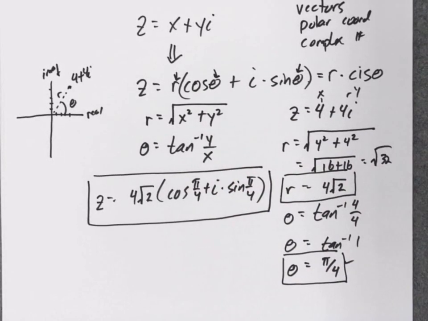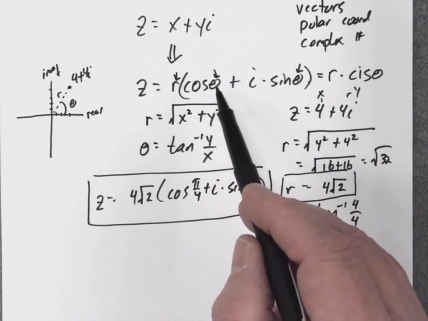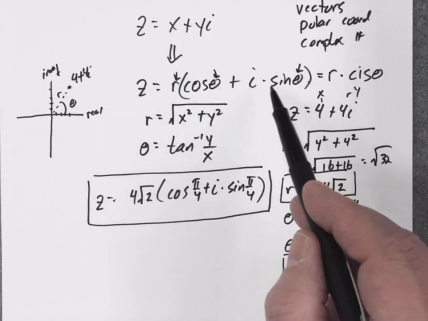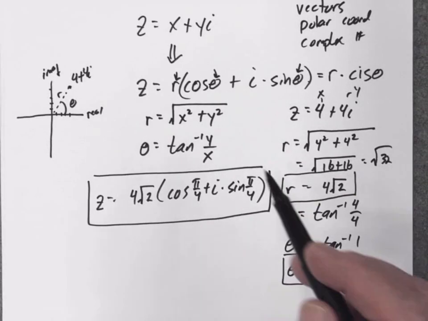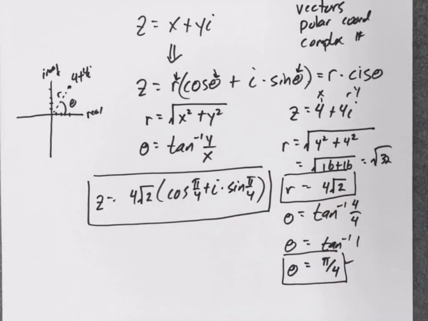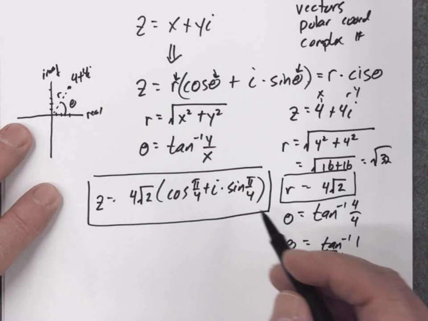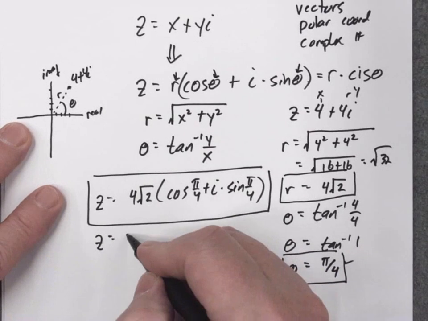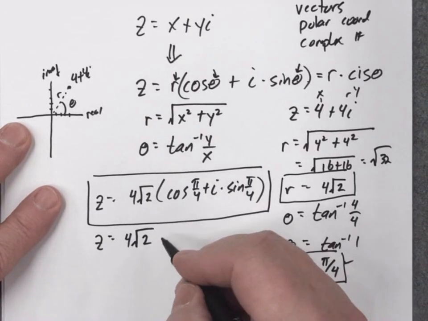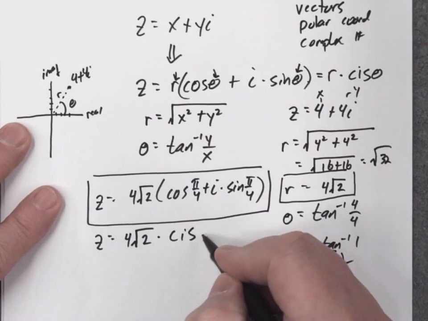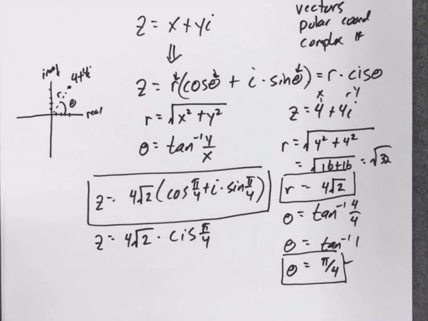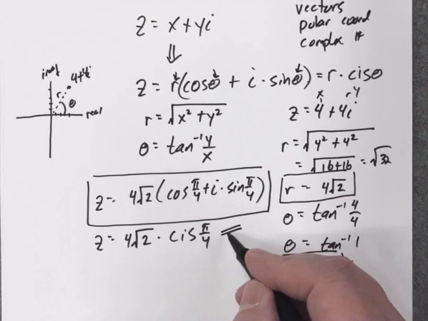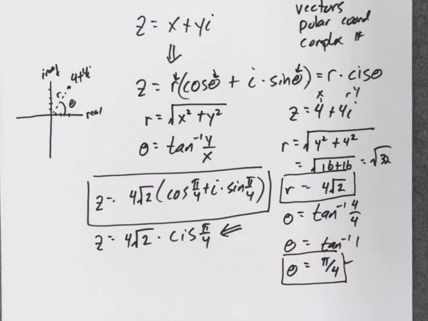They're trying to allow you a way to not have to keep writing cosine plus i sine theta. I don't mind doing this, but because the homework in the book requires it, we need to be aware of it. So that shortcut form would be 4 square root of 2 cis pi over 4. I think this is the kind of answer that the book we're using will look for. All right, not too bad.